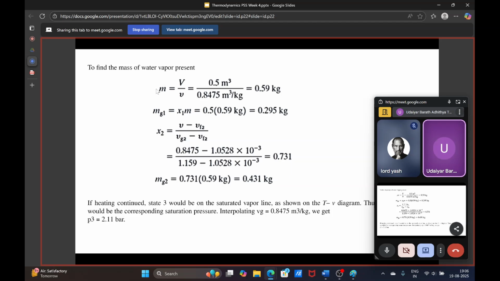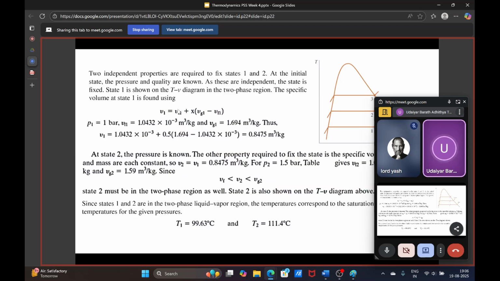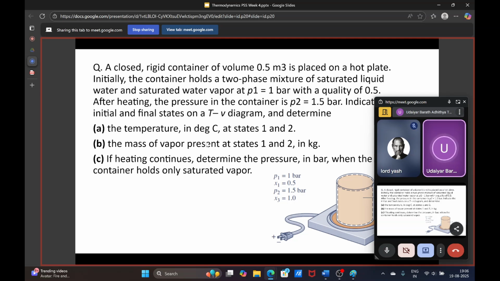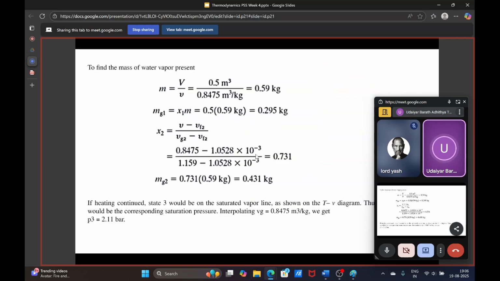x2 is 0.731. Similarly, if they ask for the mass of vapor present at 1 and 2: for finding mass, we know the closed vessel volume is 0.5 meter cube, so the total volume divided by specific volume gives the mass, 0.59 kg of total mass.